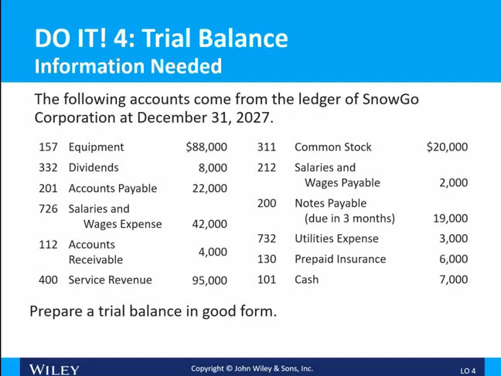The debits are dividends, expenses, assets, and everything else is credit. Okay, so now that we've analyzed this and can figure out what it is, we typically put it in order of assets on top and then liabilities and the stockholders' equity. We can do it by sorting this list by the account number. That is an easy way to do it.